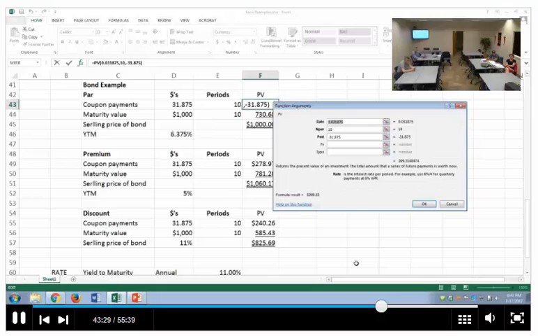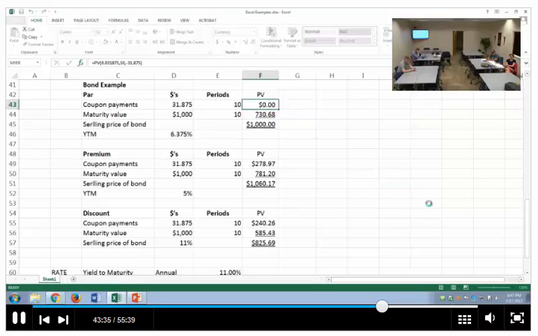So we click OK, and this is the present value of the earnings stream, or the interest payments. The payment is now in semi-annual payments.